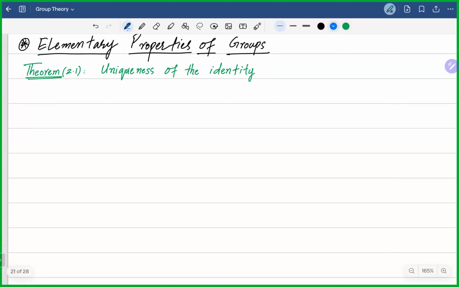Now, what is the statement? The statement is, in a group G, there is only one identity element.